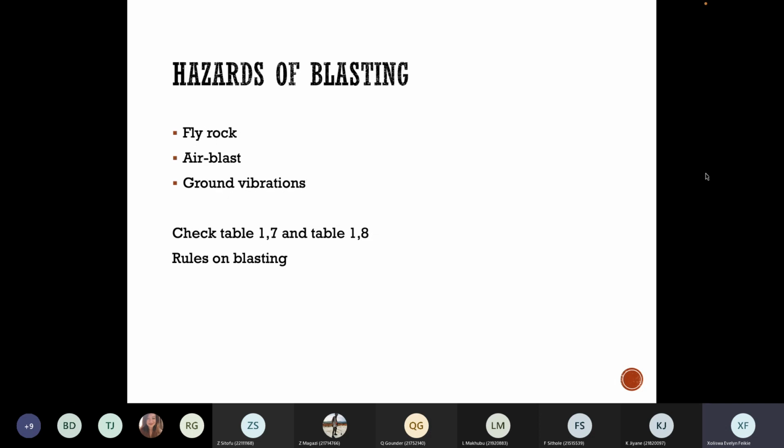Hazards of blasting: fly rock, air blast, ground vibrations. Fly rock: because you're using explosives, normally if they are blasting in an area and there is a road that passes through that place, they close that section of the road so that no cars are allowed to pass.